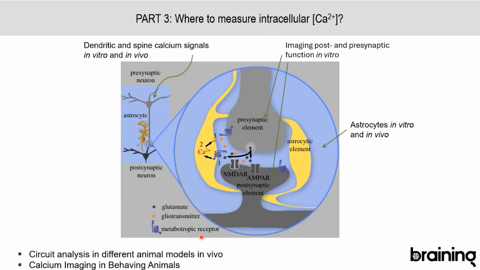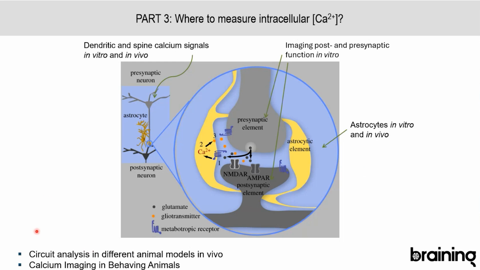And finally, where can we measure this intracellular calcium signaling? So we can measure in the dendrites and spines, okay, in vitro and in vivo. We can image presynaptic and postsynaptic terminals, okay, the function of these terminals, and we can also measure astrocytes in vitro and in vivo.